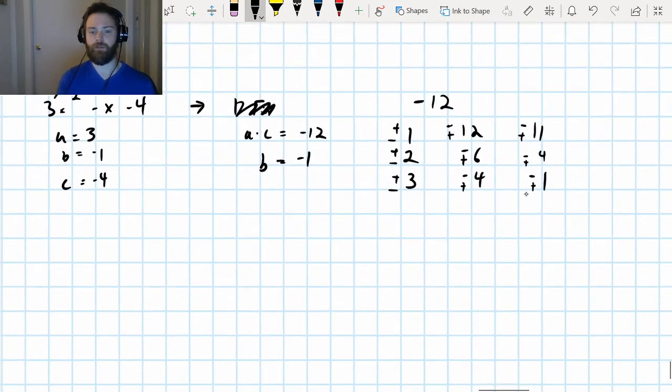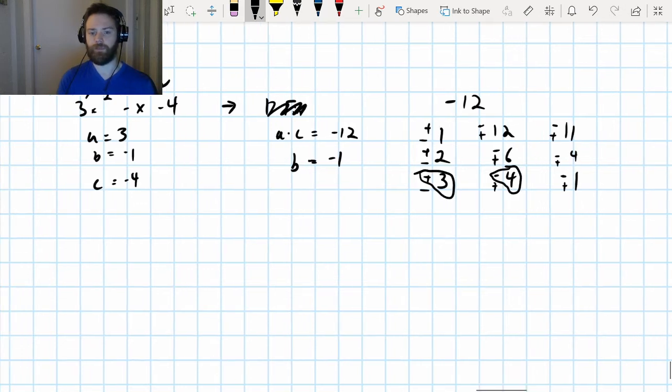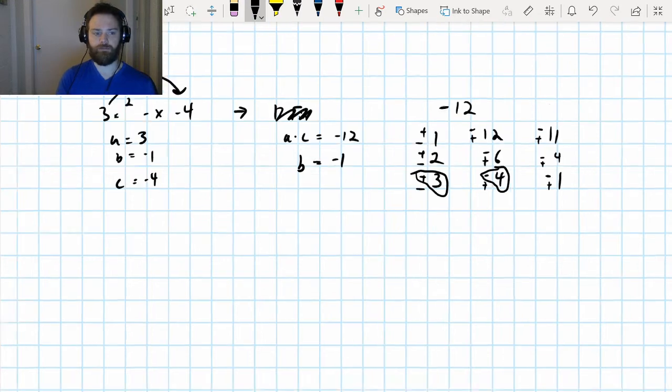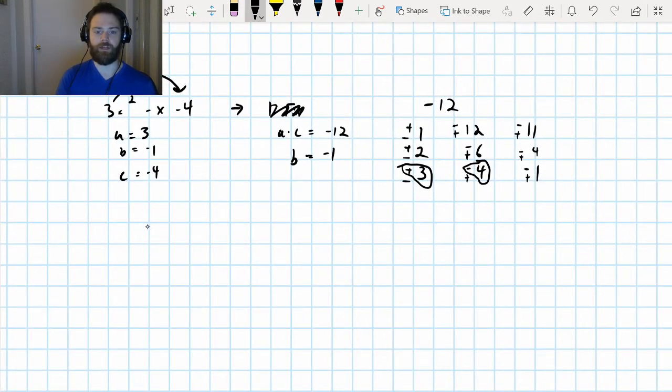So I'm looking for the b term that's negative 1, and the pair that works is positive 3 and negative 4, which is negative 1 over here, okay? So if that's the case, 3 minus 4 is negative 1, so I can split up that x term, and I'm going to use those factors to do it. So 3x squared plus 3x minus 4x minus 4.